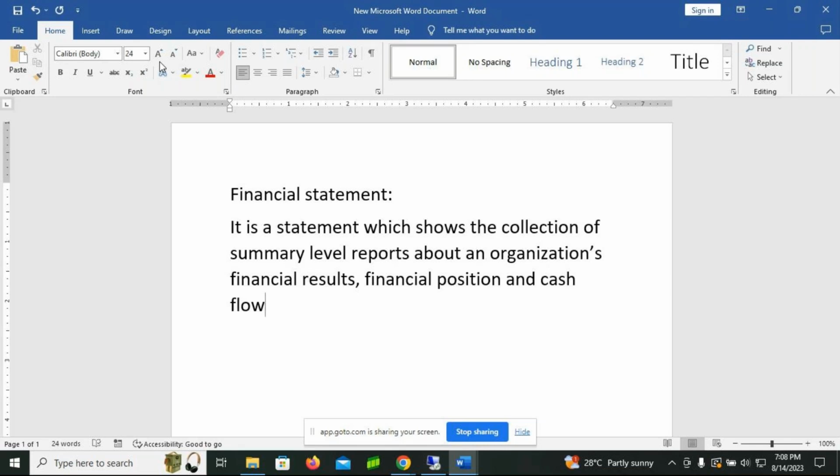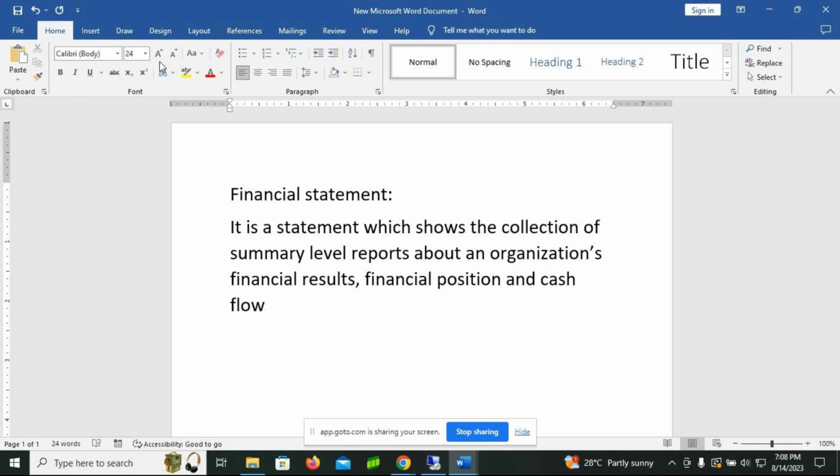When I have to know about a company or an organization, I go through the financial statements, which show the organization's financial results, like whether the business is making a profit or is in loss. They show the financial position of that business and the cash flow.